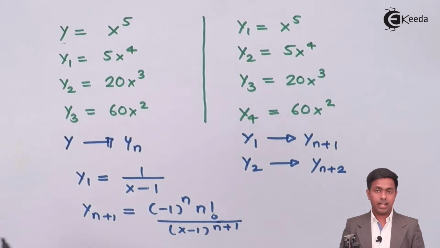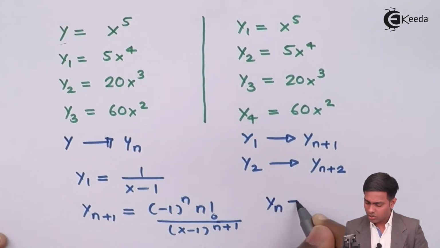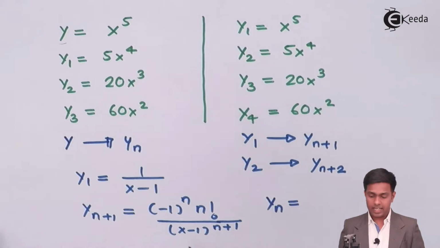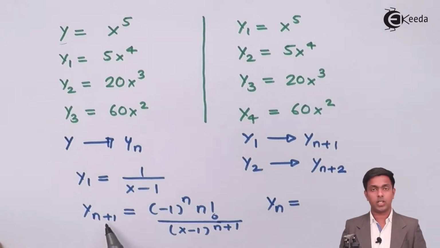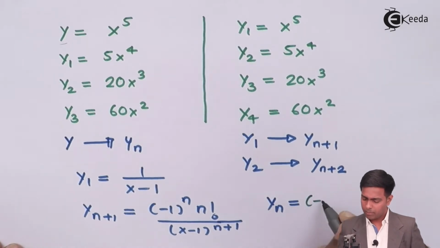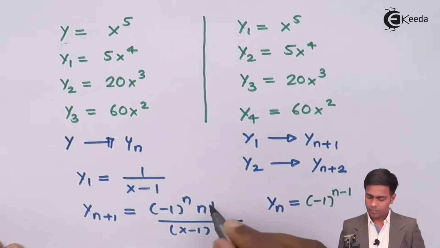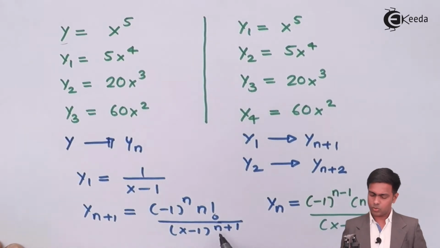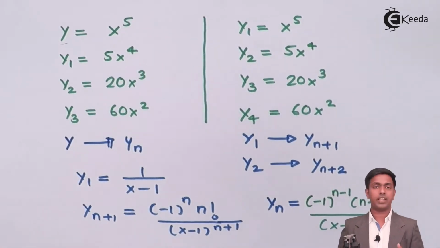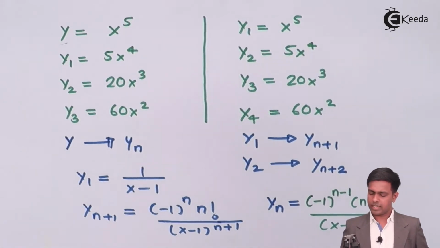Now in the answer I want yn. Since I want yn, from yn plus 1 we will reduce each and every n by 1, so that we come from the n plus 1 step to n. So here we will get minus 1 raised to n minus 1, here n minus 1 factorial, and here x minus 1 raised to n, because reducing each n by 1 makes it n minus 1 plus 1, that is n.